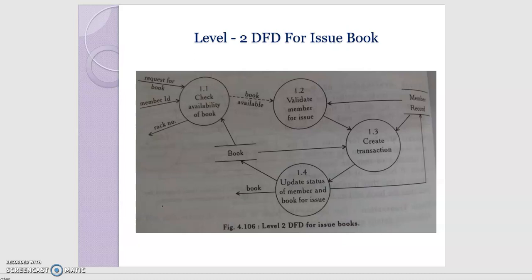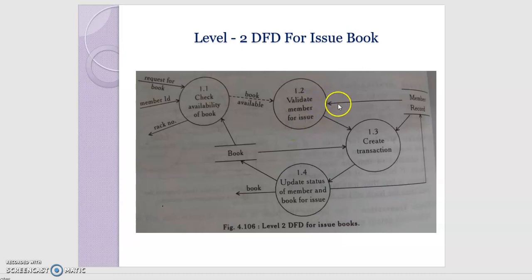The next is the level 2 data flow diagram. It will extend every module in detail. In a level 2 data flow diagram, you have to consider every module in detail. Here you can see this first module is elaborated as check availability of book, then validate member for issue. If the book is available, then it will validate the member for issue.